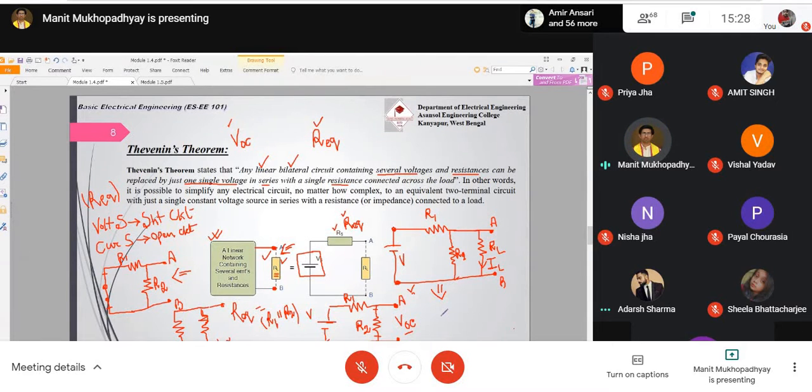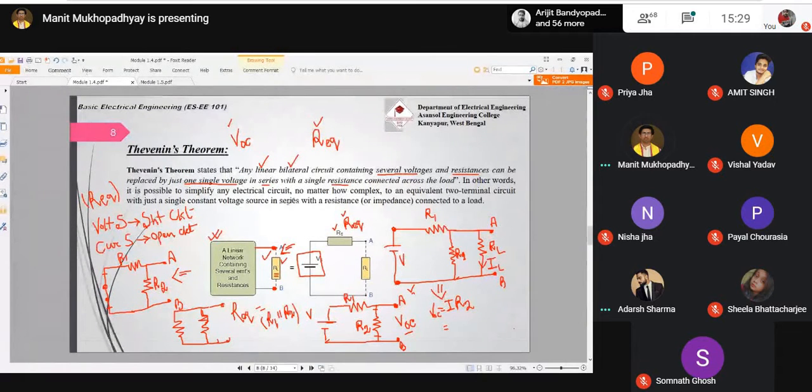Whether you are right or wrong, that doesn't matter. What matters is your understanding. See, what you are telling, V equals I into R2, that is VOC. Correct. So what is I?